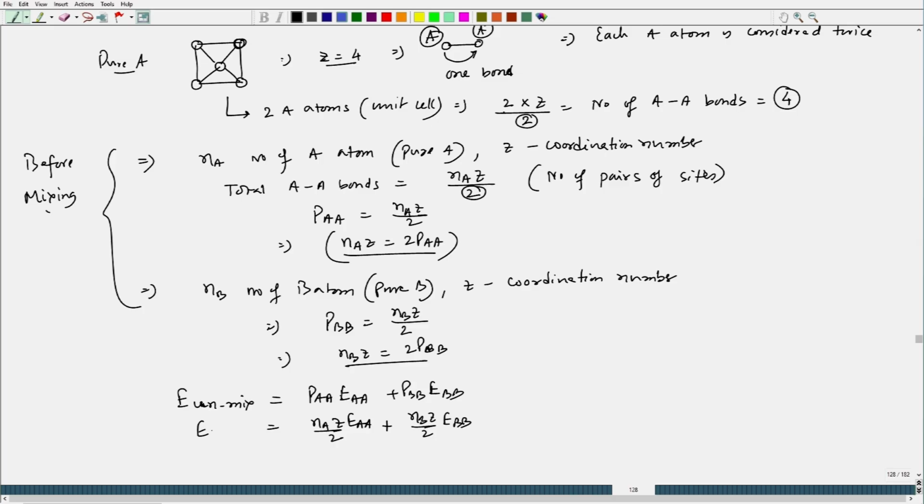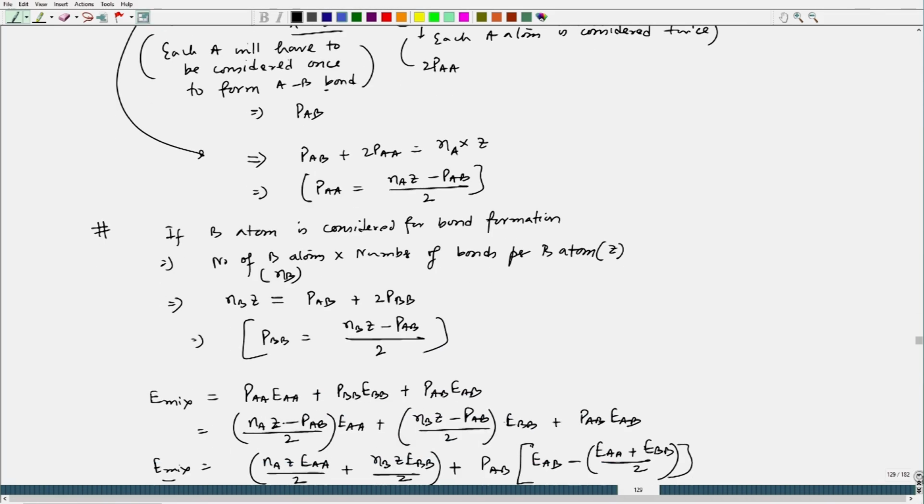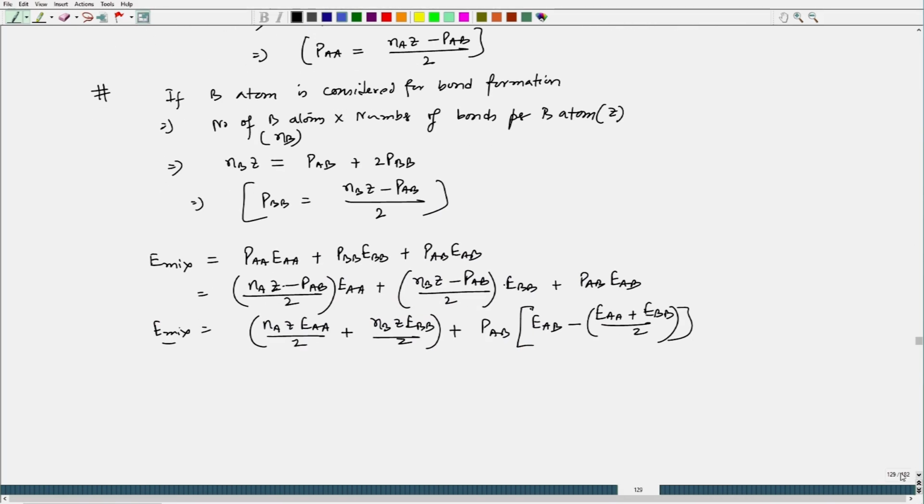So, this is E unmixed. We have got E unmixed as well as E mix. So, then for the solution formation at a particular temperature and pressure, the energy change for mixing should be equal to E mix minus E unmix.